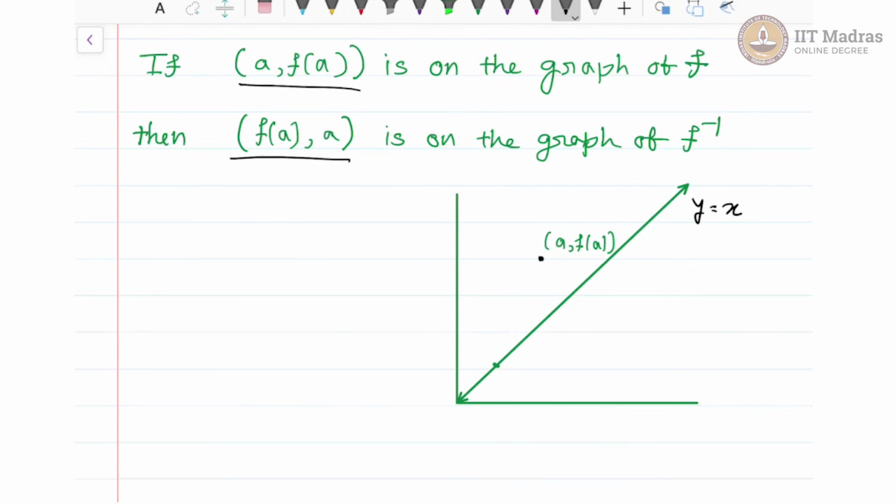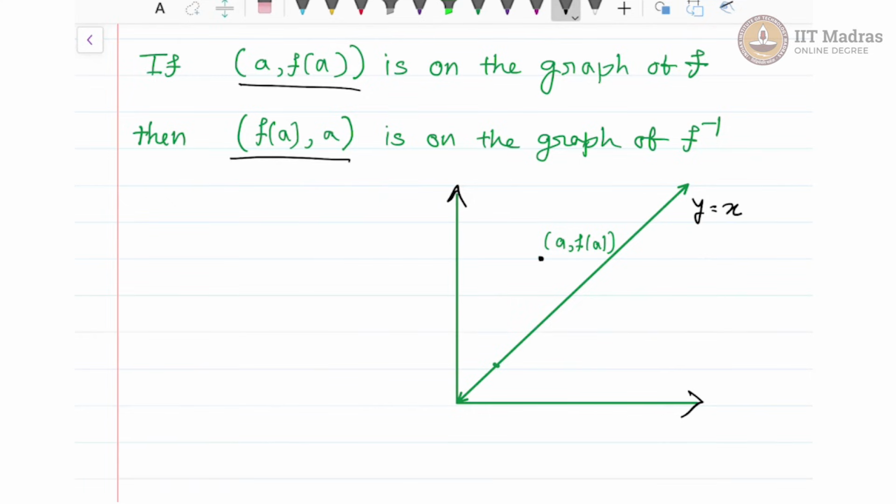So now you are asking where will this point be when I talk about f inverse? So then we are also answering this question that wherever a was there, it will be f of a now, and wherever f of a was there, now there will be a, right?